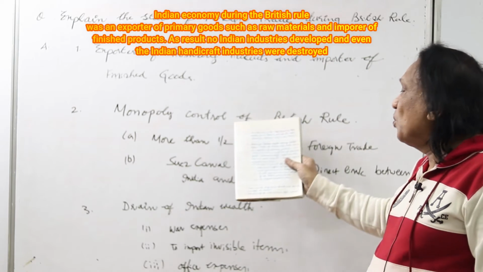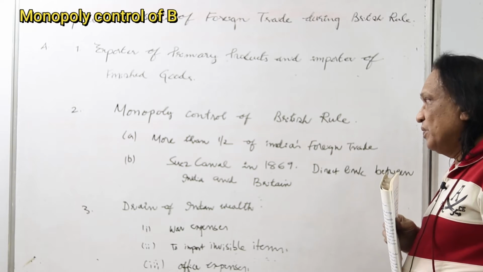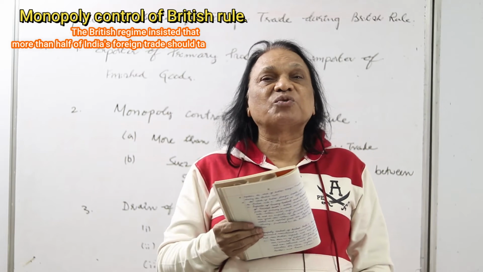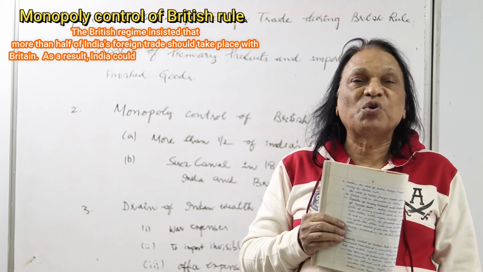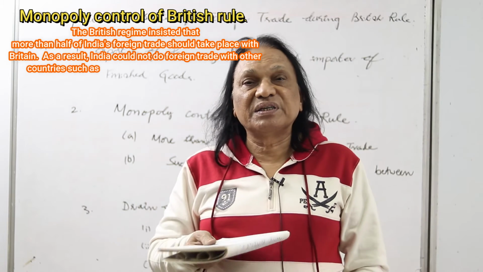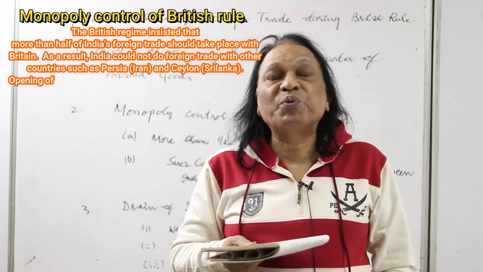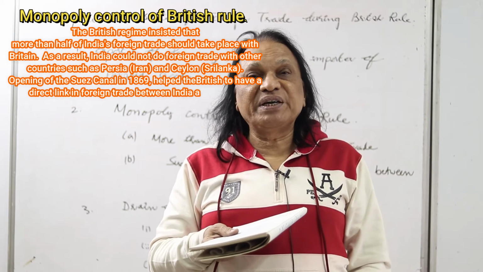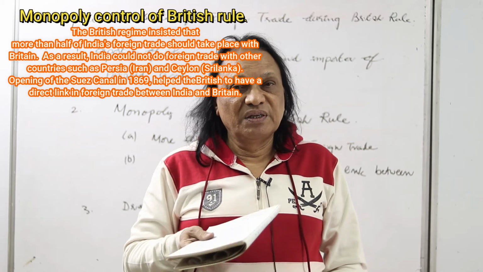The second point, monopoly control of British rule. Their motive was a very selfish motive, monopoly control. You know what the Britishers did was, they made it mandatory to export half of the foreign trade from India to England.